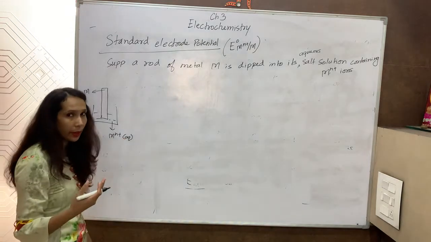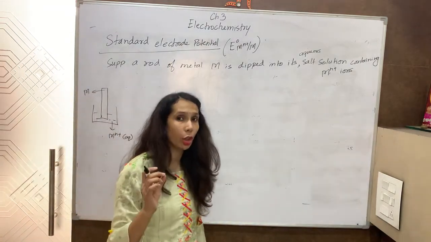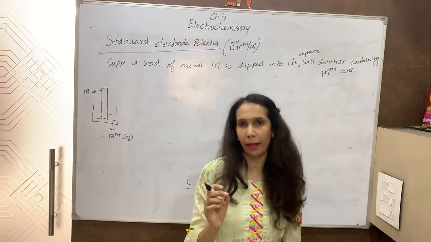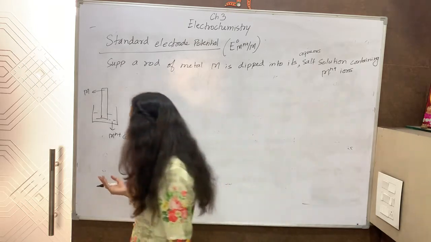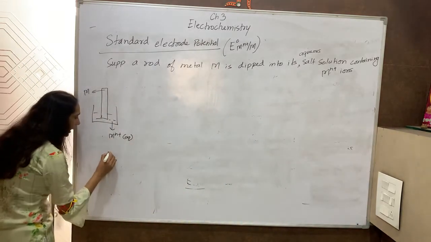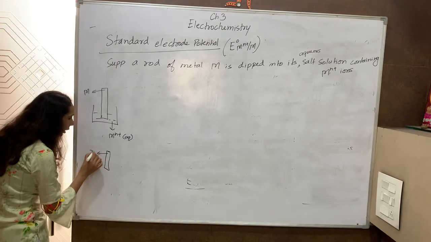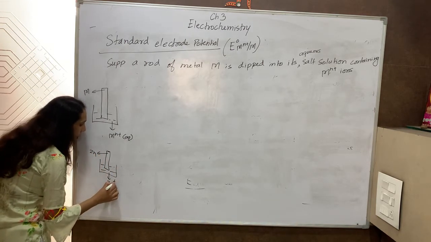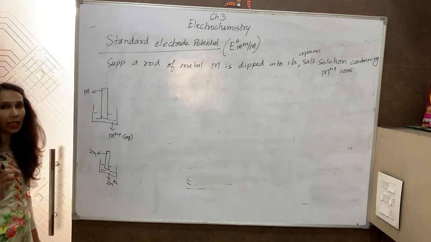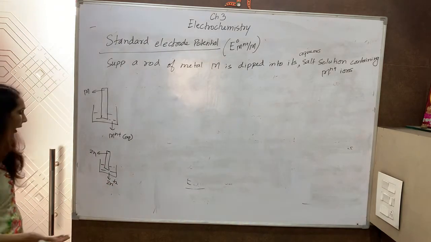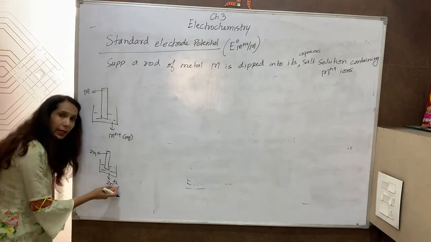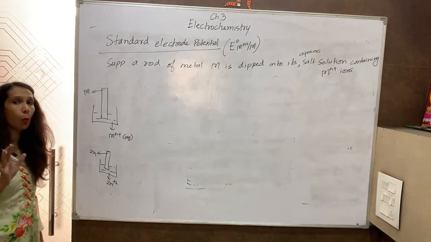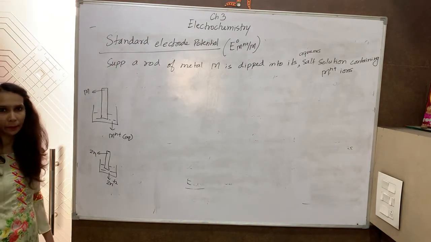I am just giving you an example. I have just taken the general symbol for all the metals as M. It can be any metal. I can just give you an example. Suppose I consider this is a zinc rod dipped in zinc ions. Of course, please don't consider that only zinc ions will be there. Anions will be there. It may be zinc sulfate, it may be zinc nitrate. We are not concerned what anion it should be. It can be any.